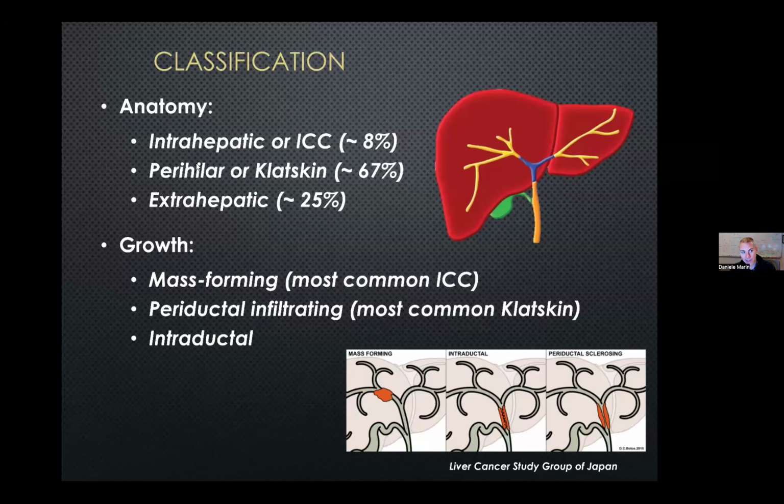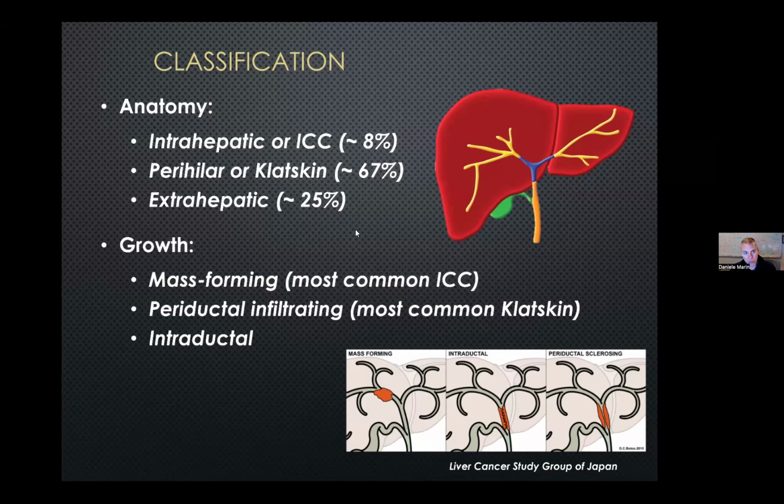Then you have the central or perihilar cholangiocarcinoma, also known as the Klatskin tumor, which is by far the most common subtype, that affects basically the biliary bifurcation, as indicated in this diagram by the blue common hepatic ducts.